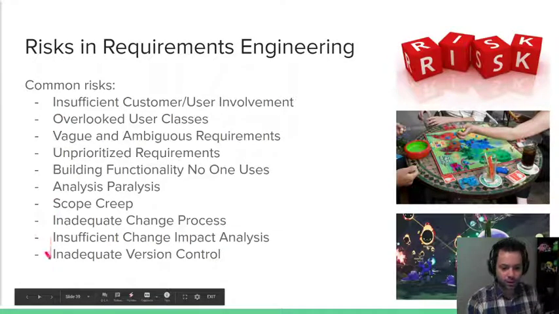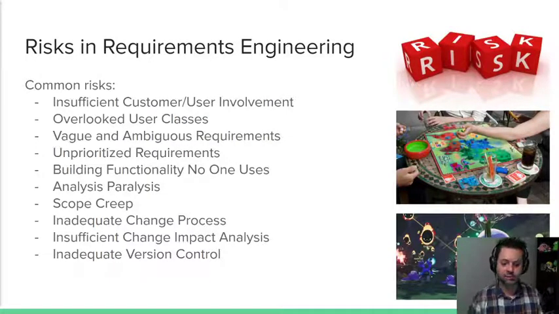And then we have inadequate process relations here. So your change process is not good, your impact analysis is not good, your version control is not good, meaning that your requirements are probably going to be in a pretty rough state, right? If anybody can add a requirement, or delete a requirement or request a change, this can be problematic.